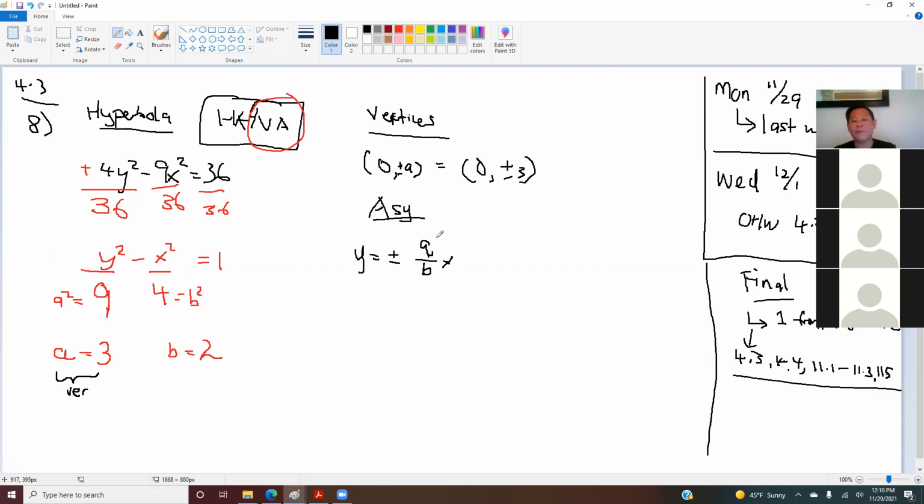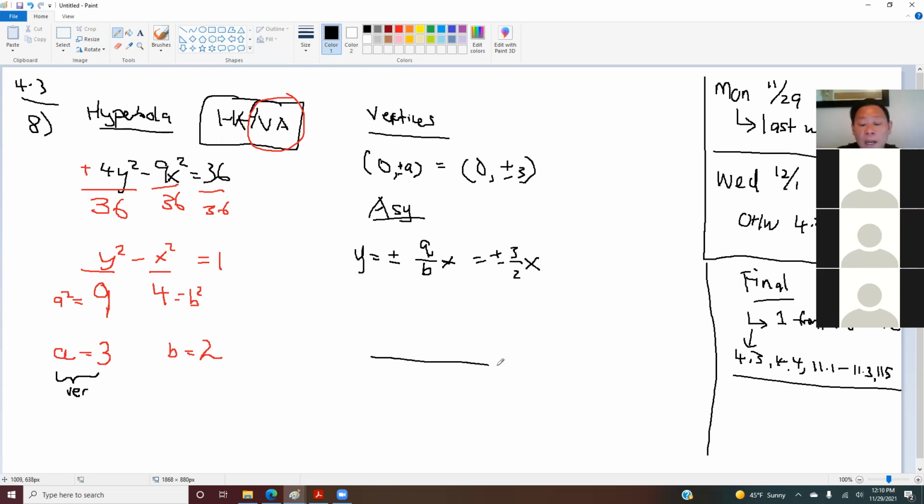So this is kind of like slope, because if you remember in your algebra class, the coefficient of your x is your slope. So slope is change of y over change of x. So in this case, it's a over b. So in this case, it will be plus or minus 3 over 2x. So this is your asymptotes equation. Y equals, a is 3 and b is 2. So it's 3 over 2x.